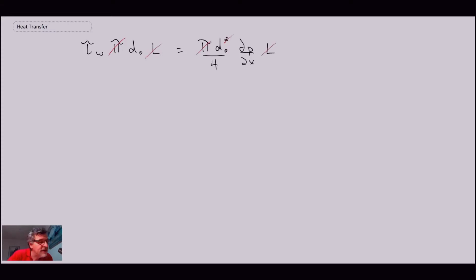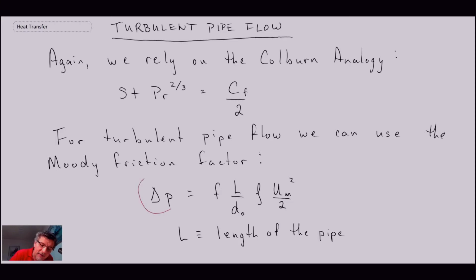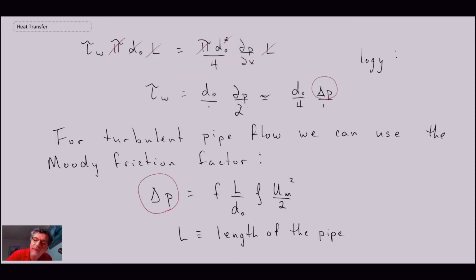And this equation then translates into the following. I'm going to approximate this knowing our delta P, the pressure drop over a given length, and we have this expression. What I'm going to do is combine this with the expression that we had using the friction factor from back here.